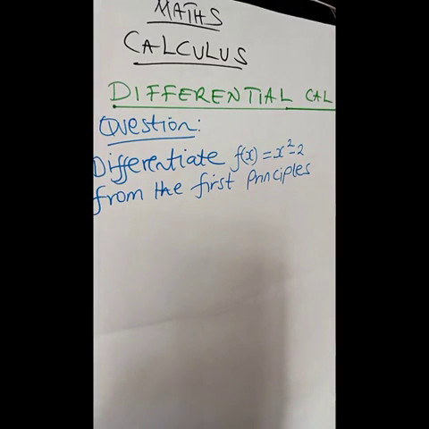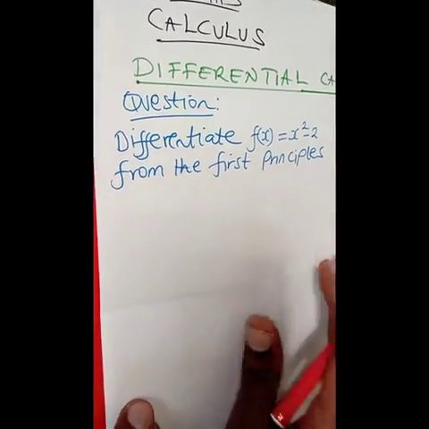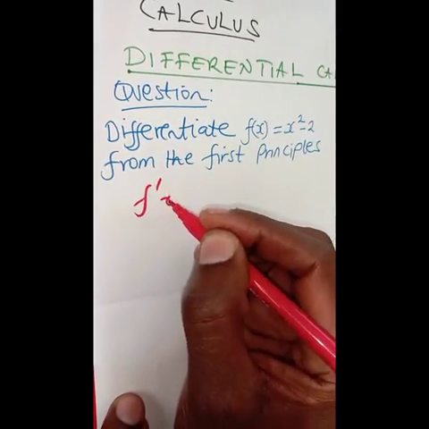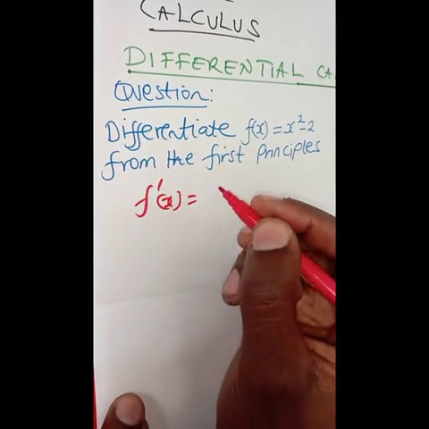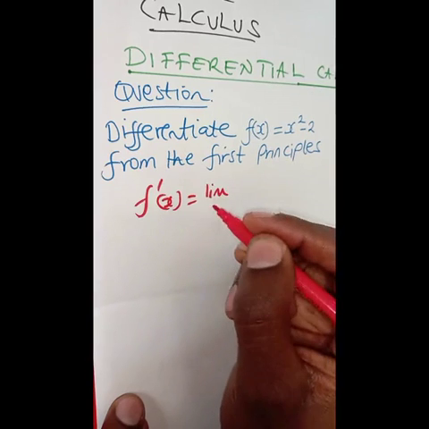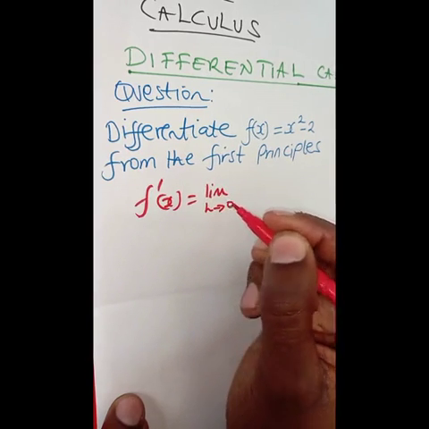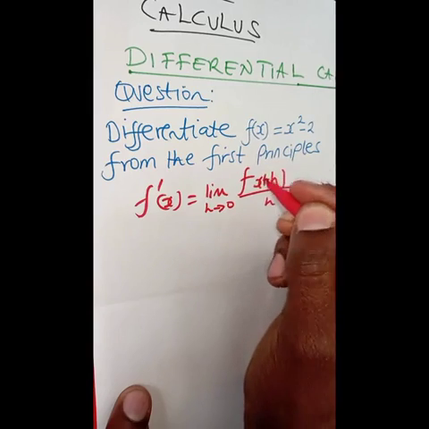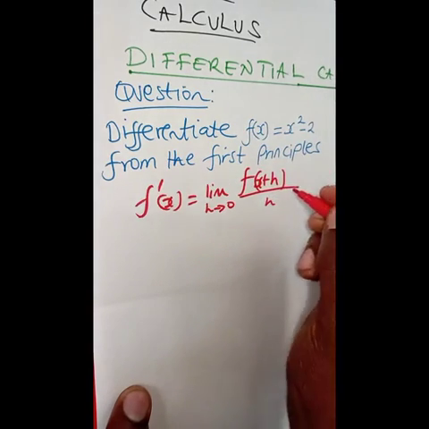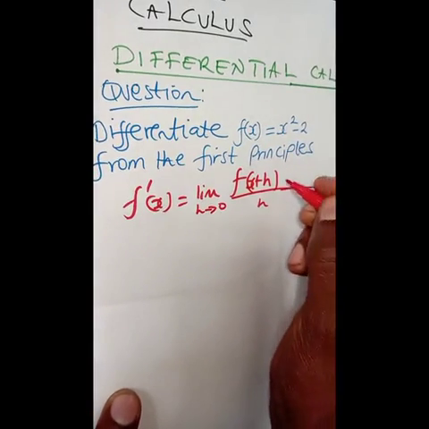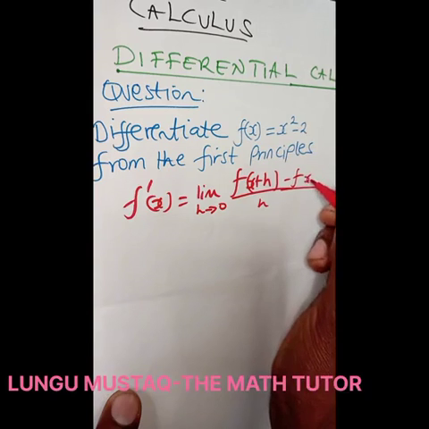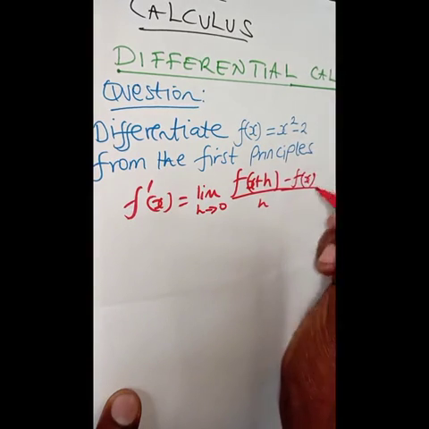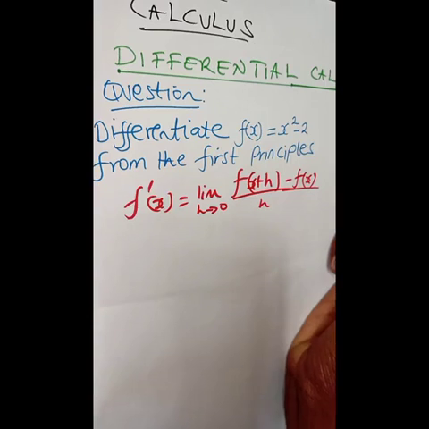So this is what you have to do. f prime, limit h tends towards 0, then here we write f of x plus h minus f of x, over h.